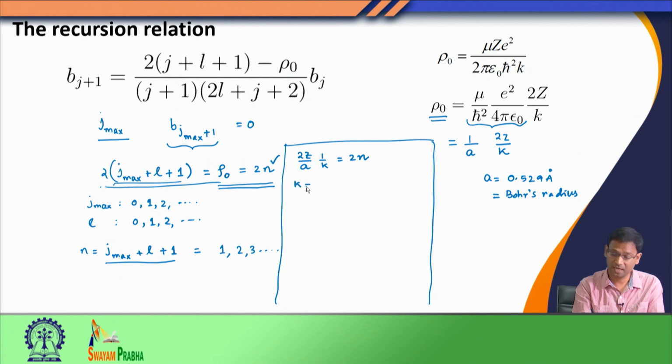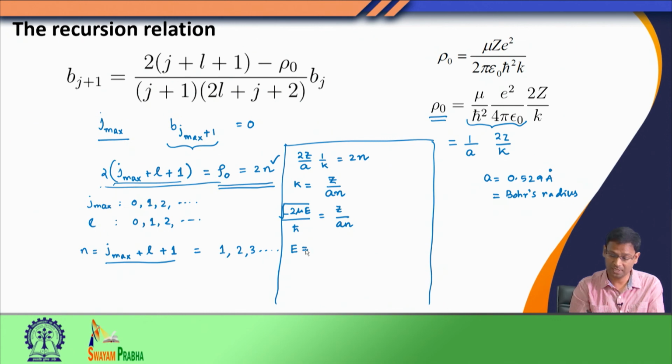So, therefore, the 2 cancels out, and k is Z divided by A n. And what is k? k is the square root of minus 2 mu E divided by h bar, equals Z by A n, and then I take the square of both sides.